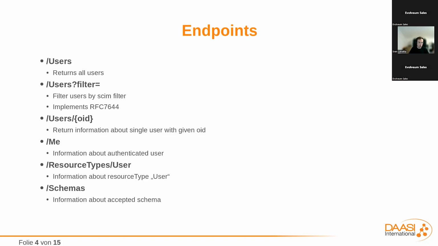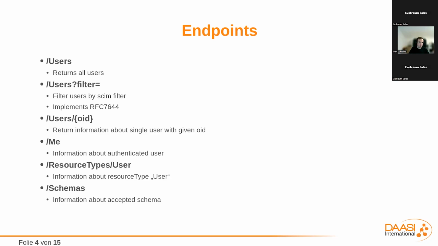If you have a look there, you will see that the SCIM filter is also defined there, like the specifications. So if you are unsure about how to build a SCIM filter, what you can use and what not, just go there. Then we have another endpoint which is more specific. Here you can provide an OID, an identifier, which will then result in retrieving only one single user object.